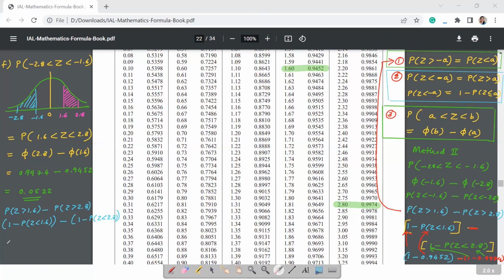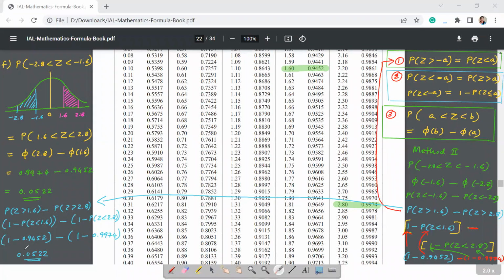If this is difficult, you can always go with the first method. 1 minus probability Z less than 1.6 was 0.9452. Minus 1 minus probability Z less than 2.8, which is 0.9974. I just rewrote the whole thing from this step onwards, and now you can type it in the calculator. What do you get as the answer?